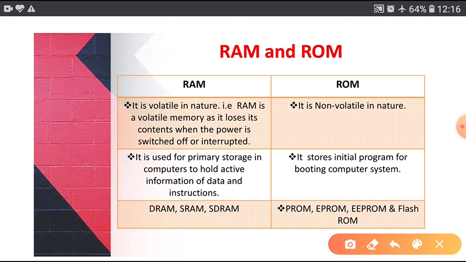ROM is non-volatile memory, and RAM is volatile memory. Why is RAM called volatile memory? You can see this definition. It is used for primary storage in a computer to hold active information of data and instruction.